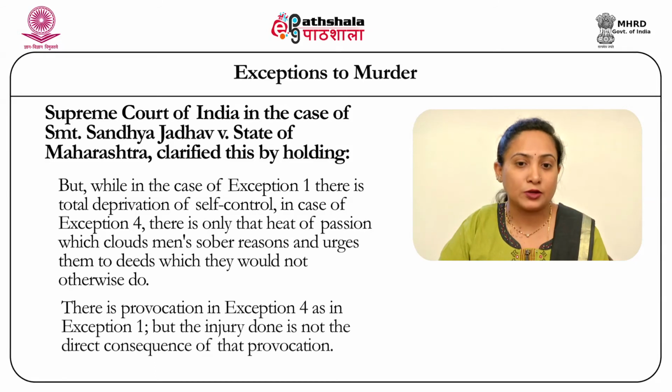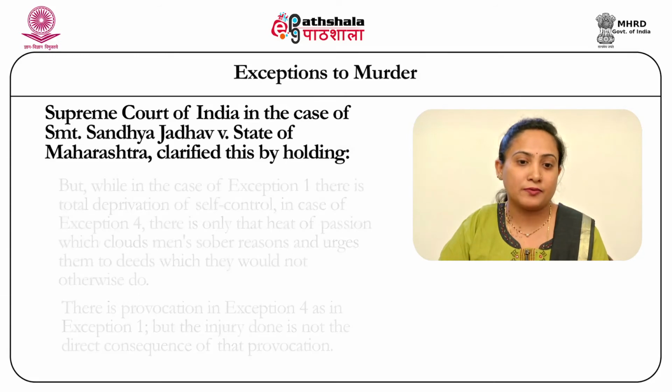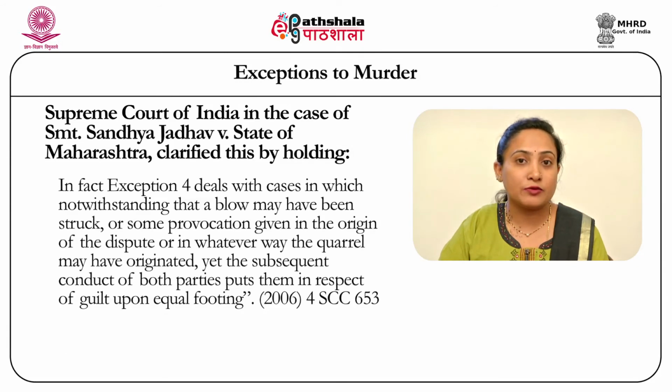There is provocation also in exception 4, as there is in exception 1, but the injury done is not the direct consequence of provocation under this fourth ground of exception. In fact, exception 4 deals with cases in which, notwithstanding that a blow may have been struck or some provocation given in the origin of the dispute, or in whatever way the quarrel may have originated, yet the subsequent conduct of both the parties puts them in respect of the guilt upon equal footing.